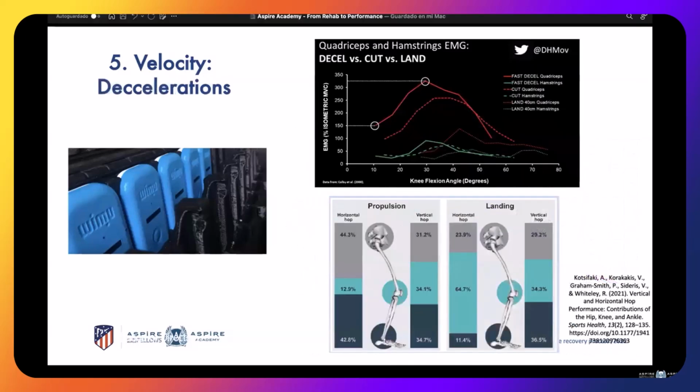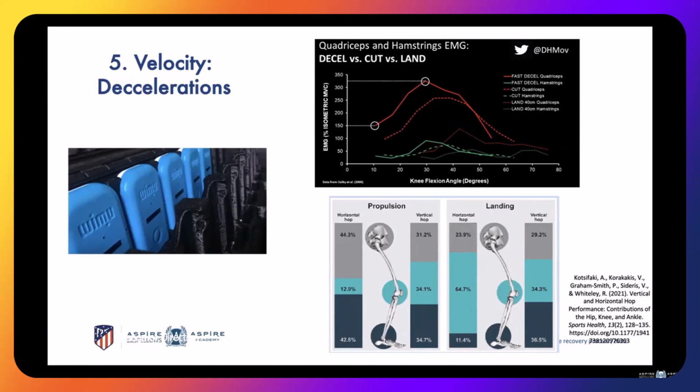It's important also to test the deceleration, because although we are testing the decelerations in the CMJ and the drop jump, as we can see in the graph I took from Damian Harper, it's not the same stress for the knee, for example, horizontal deceleration than vertical deceleration.